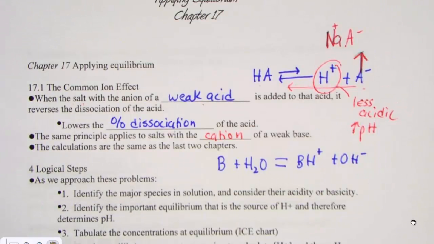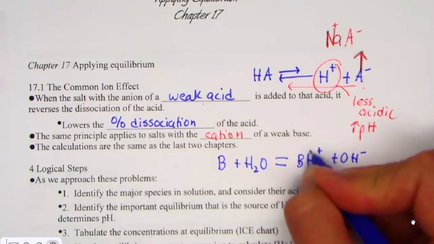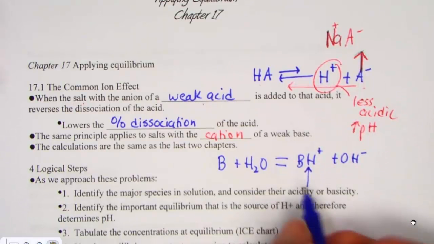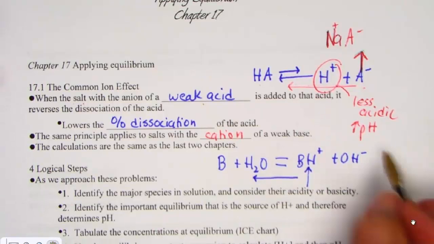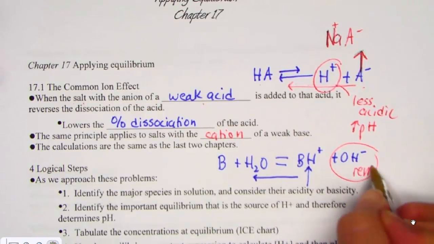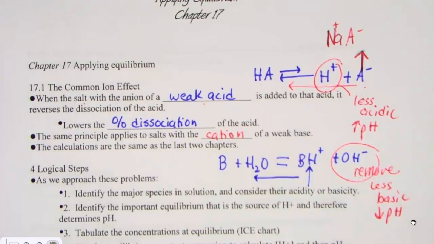Ammonium chloride, or thinking of something that's in common. Well, the stress says, what if we add more of that same first name? Literally, we force that equilibrium left, and when we do so, we remove the base ion, so it becomes less basic, or literally drops the pH as it becomes more and more acidic.